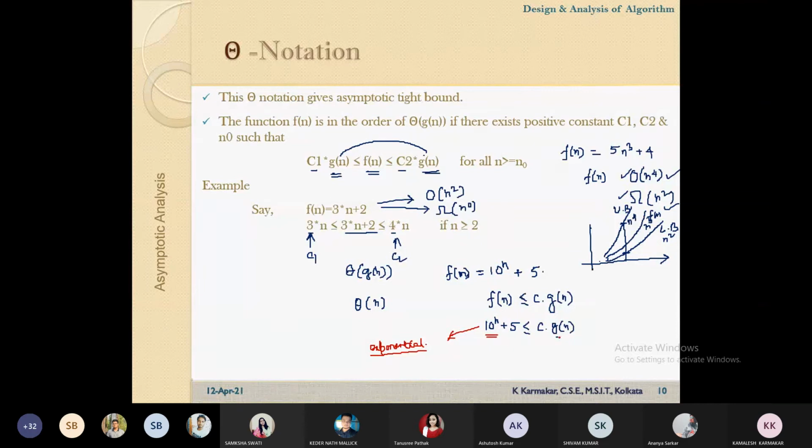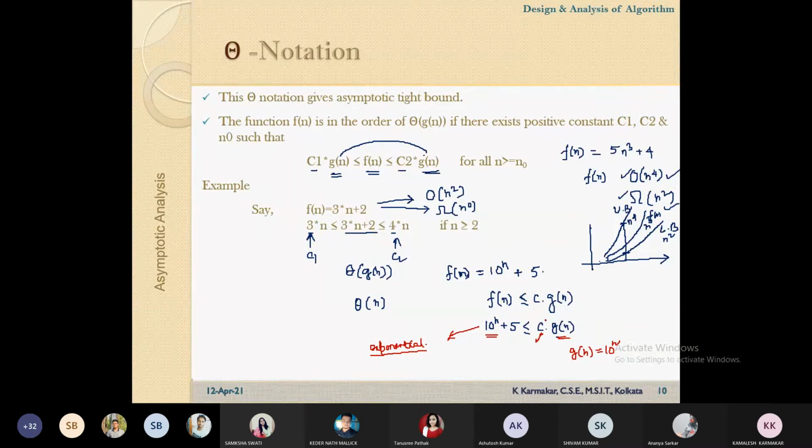So on the right hand side, the simplest way is to try to put the same function. So Gn equals 10 to the power n, as close as it is, with some constant value.